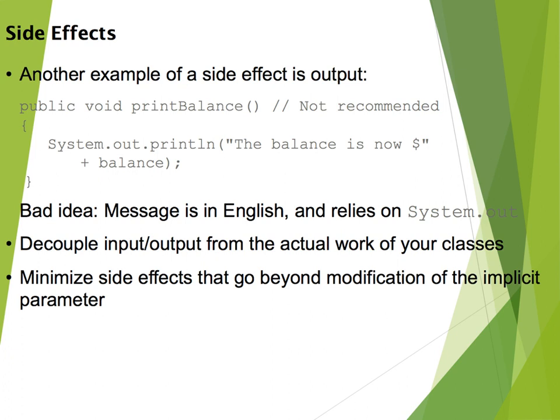Another side effect of a method is the output that the method may print out. So if you look at this method, it prints out some message. For example, the balance is now this much. So this method has a side effect on the output that will be printed out for the user.